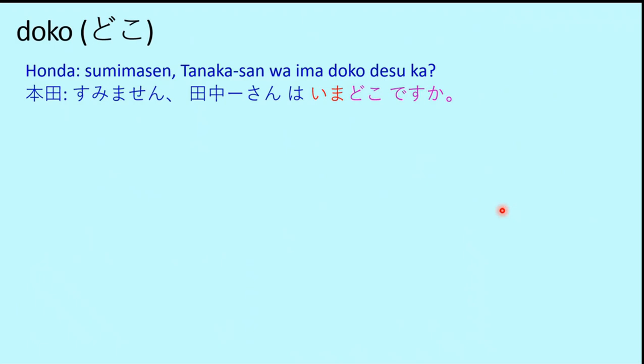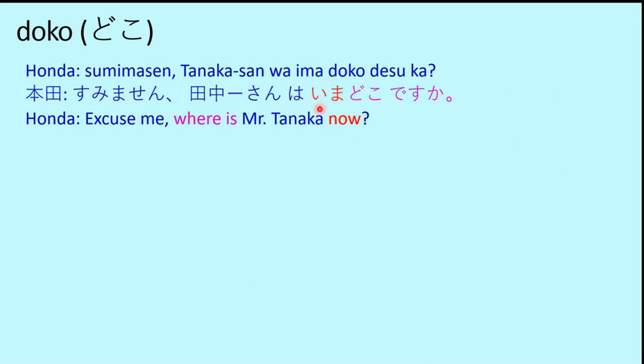So what does that mean? Sumimasen, Tanaka-san wa ima doko desu ka? Excuse me, where is Mr. Tanaka now? If you go back to the Japanese form, sumimasen means excuse me. Tanaka-san, this is the kanji for Tanaka, which we have studied in one of the previous kanji lessons. Ima means now, at this moment.